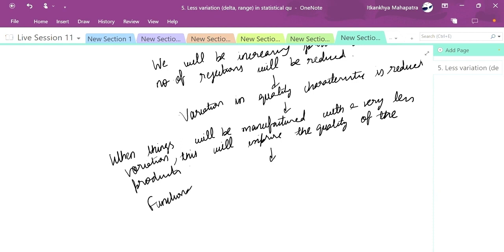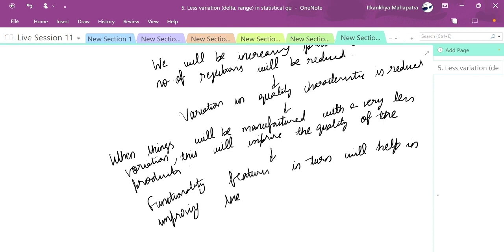Functionality and features in turn will help in improving the competitiveness of the product.